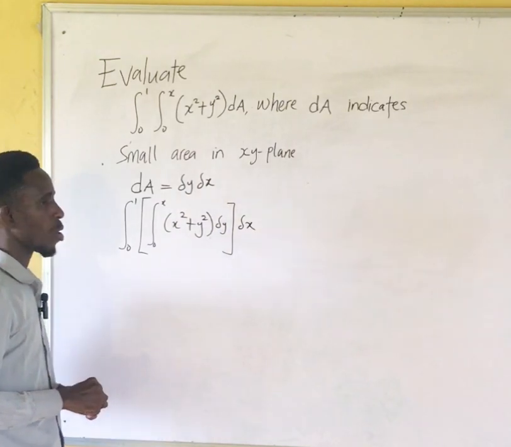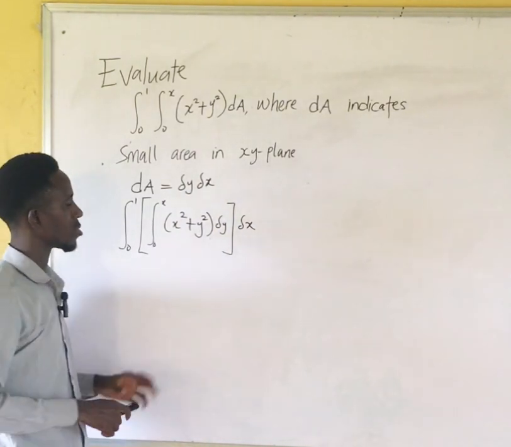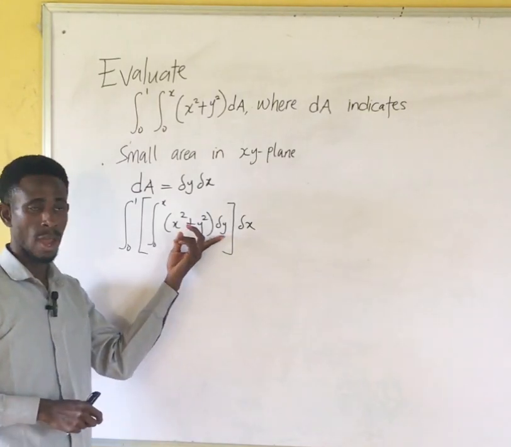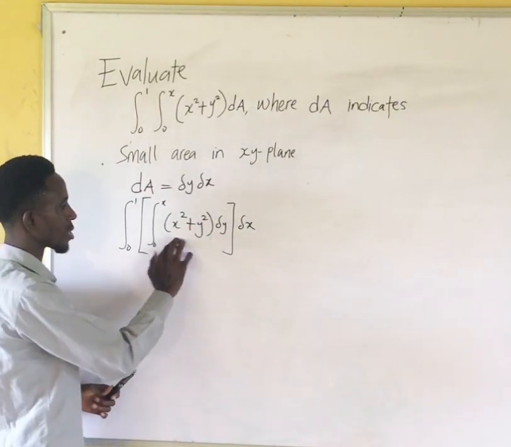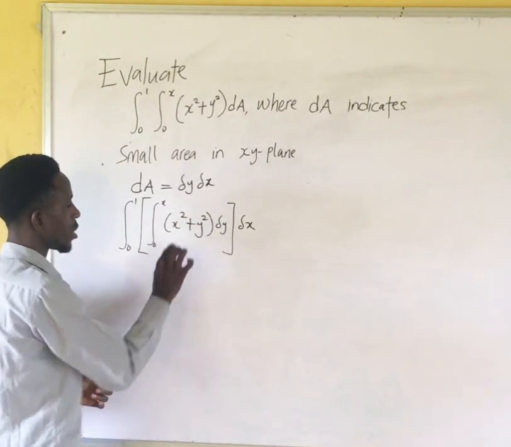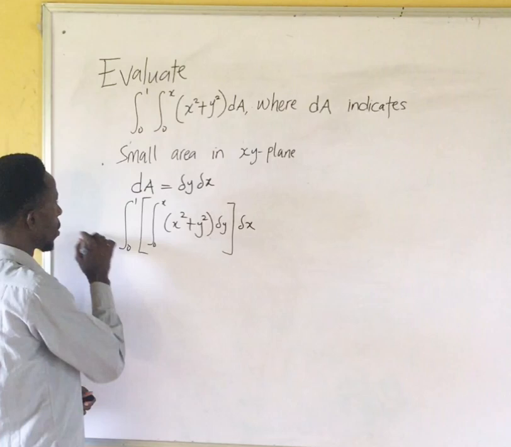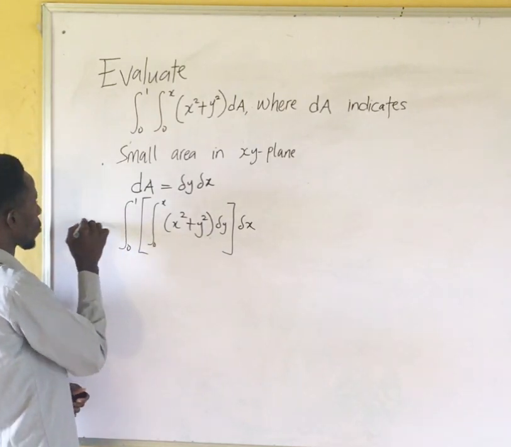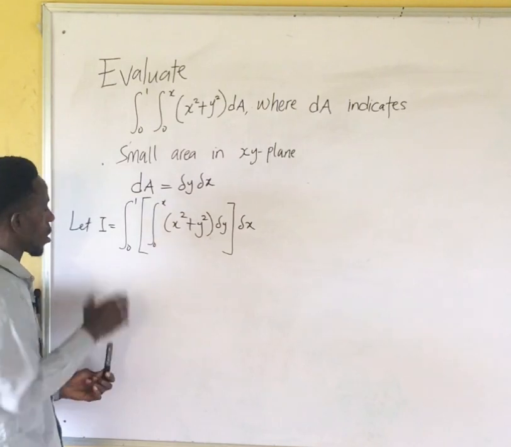So remember, as I said, we are going to first integrate with respect to y, then I'll integrate with respect to x. Let me say, let I equal to that.